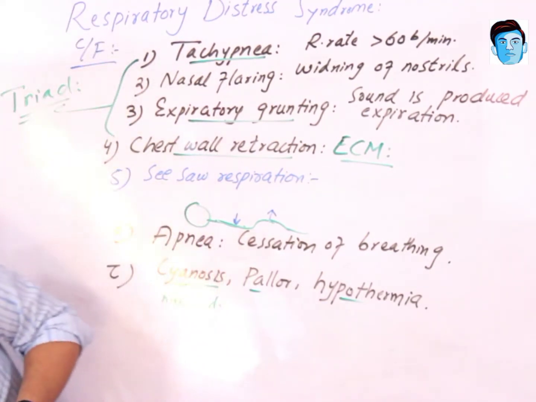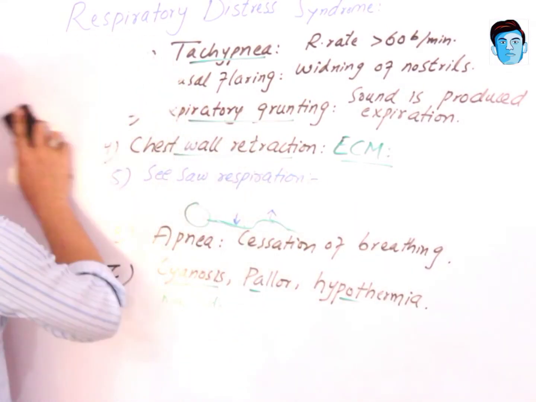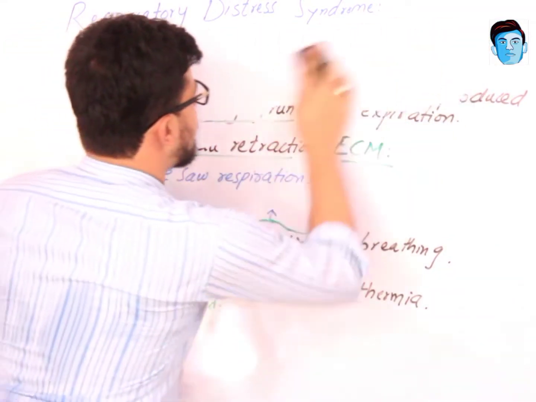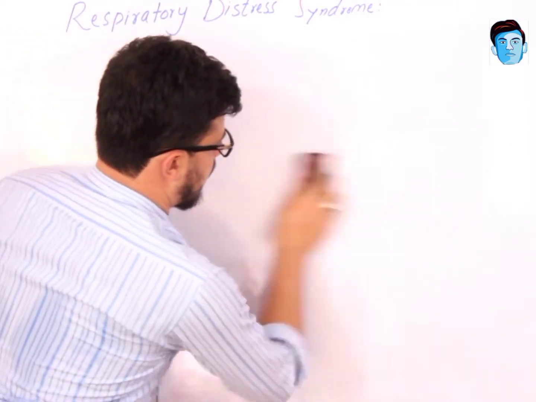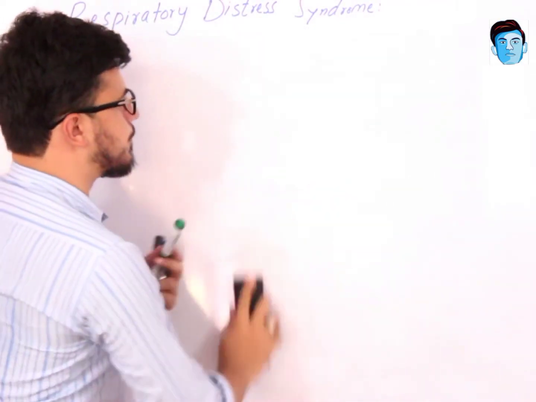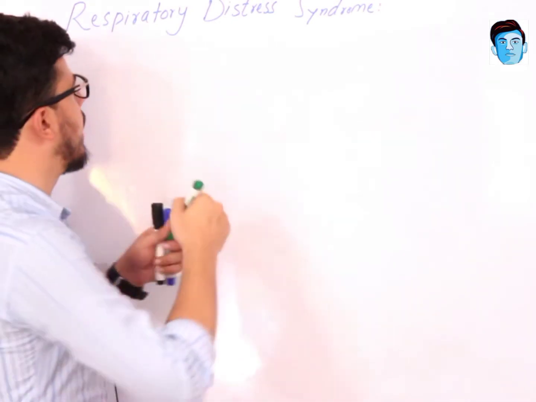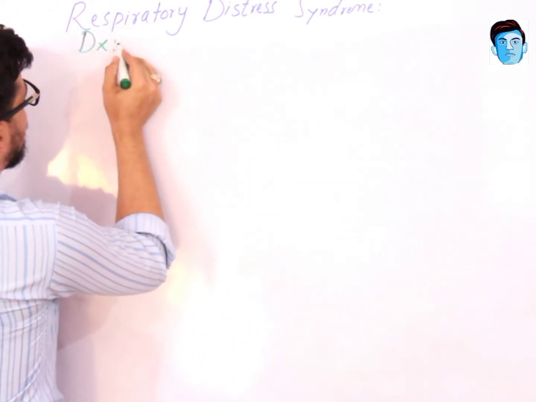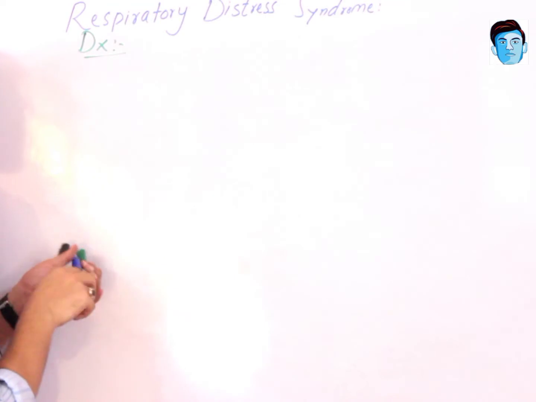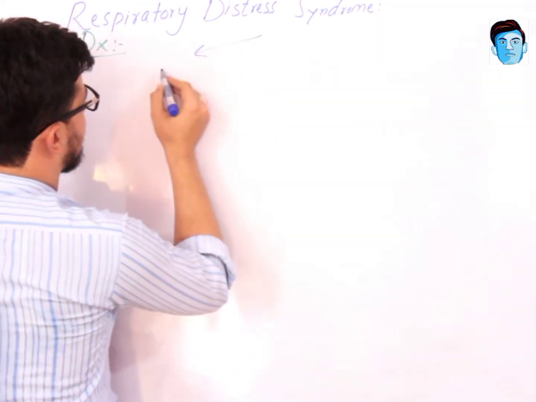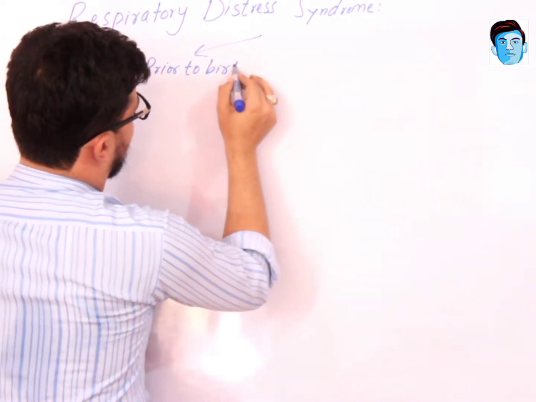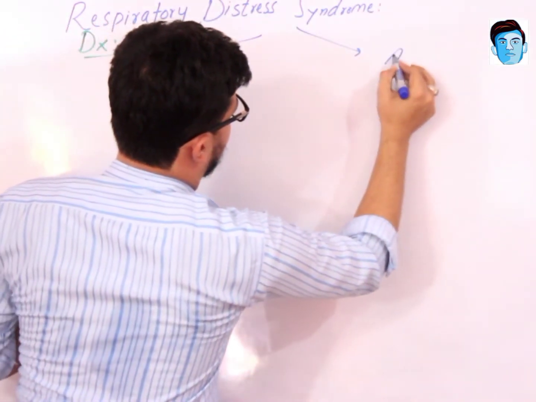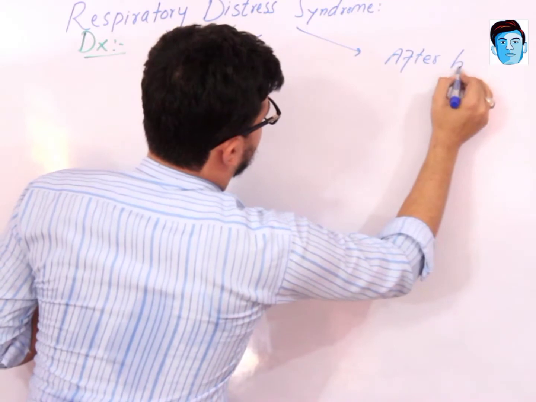Now let's discuss the diagnostic evaluation of the patient. How will we be diagnosing this case in a patient? Now let's talk about the diagnosis. So there are two conditions: if the condition is prior to birth or after birth.